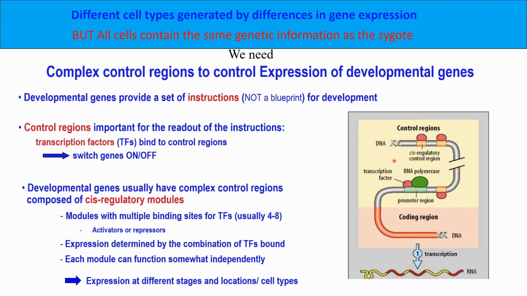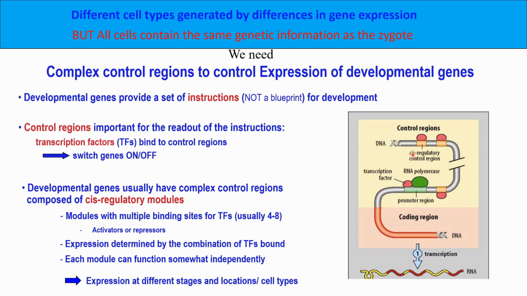And this distance gives more room to play around with how many transcription factor binding sites you can have, right? They're not at the core promoter region, which is already occupied by the normal transcription machinery, the RNA polymerase, for example, that will give rise to generating the mRNA from the gene.